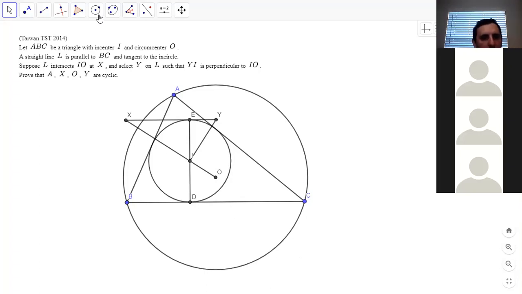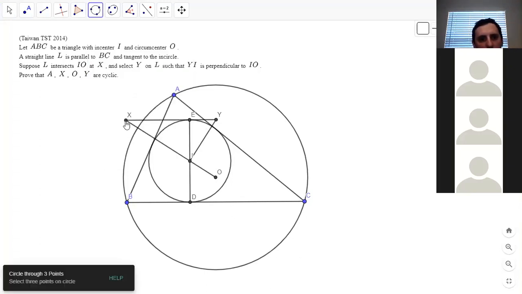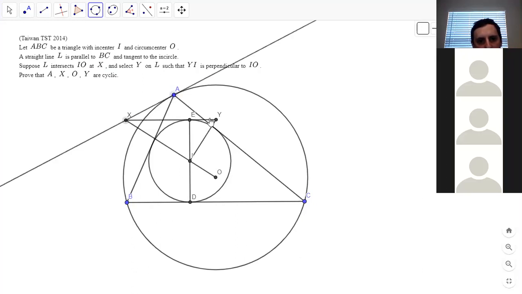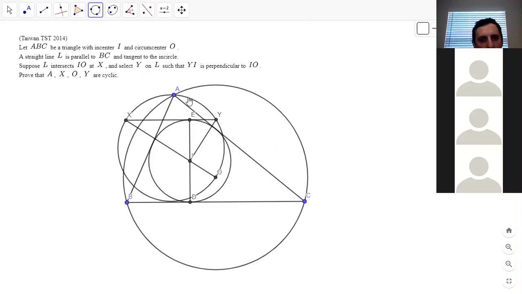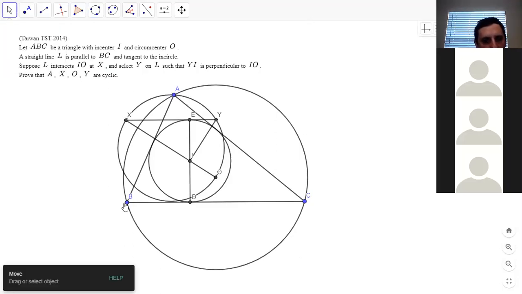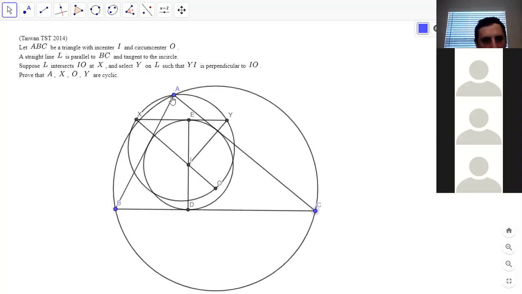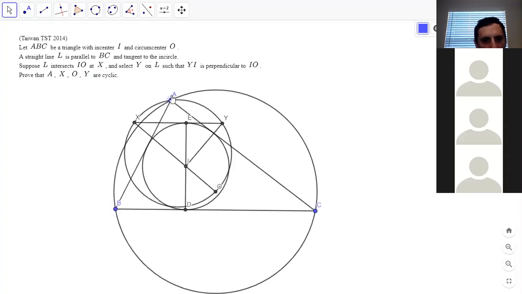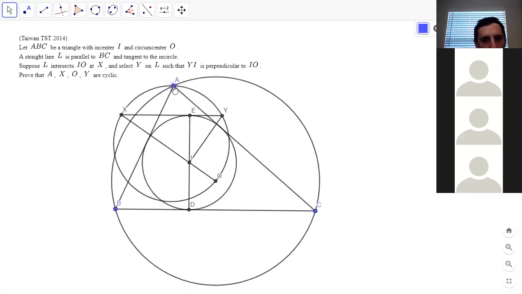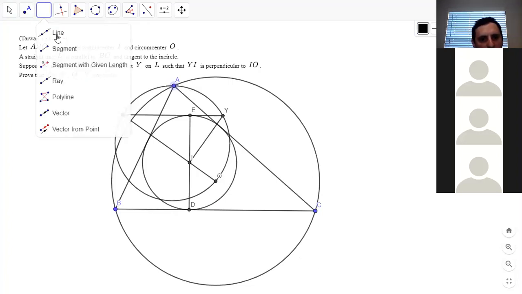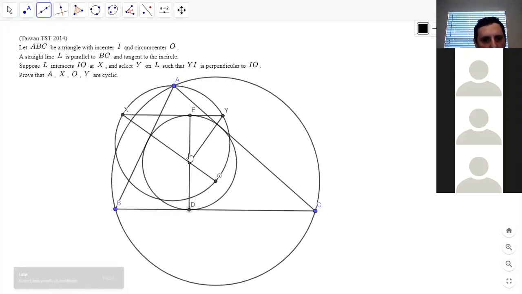So what do we see if we draw that circle? Maybe extend ID to meet the circle at another point. I feel like that helps sometimes. Is there anything special about that point?